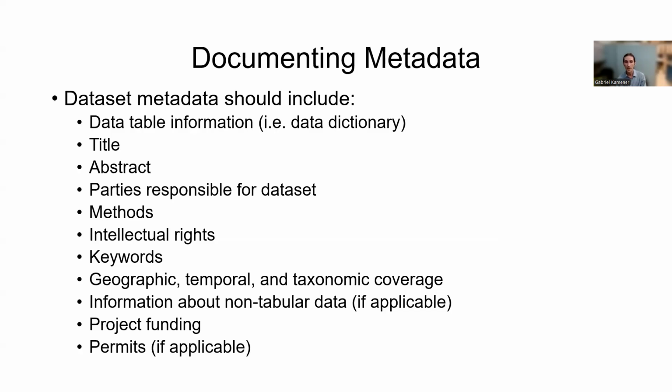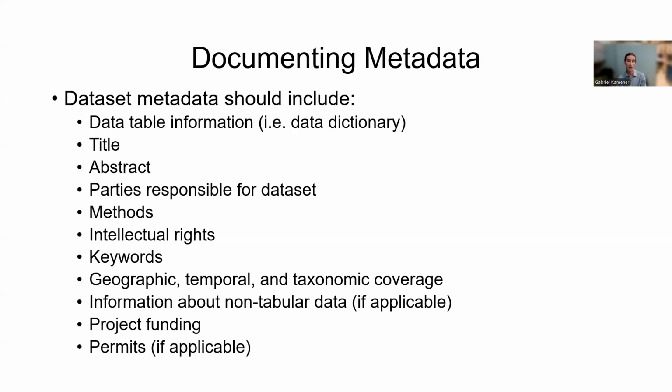Documenting metadata includes data table information, also known as a data dictionary, the title of your data set, and an abstract for your data set. That abstract should be different from, say, an associated manuscript; the data set stands alone and should have its own abstract. It also includes any parties responsible for creation of the data set, methods of how the data were collected, intellectual rights of the data, and keywords that help describe the data set for keyword searches.